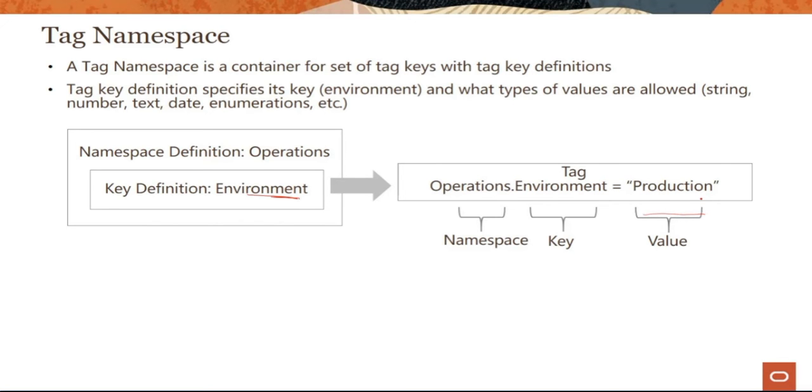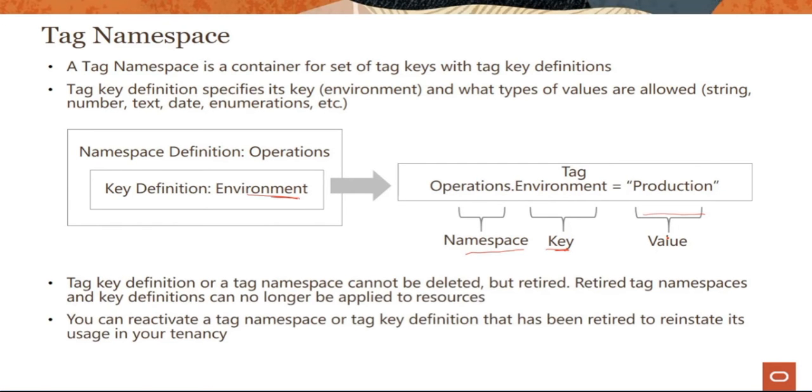The way you would specify the tags now is with namespace dot key, and then you provide a value for that particular tag. Now, a tag key definition or a tag namespace cannot be deleted, but you can retire them. Once you retire either the namespace or the tag keys, you cannot use them, but you can reactivate them, and you can use them again.